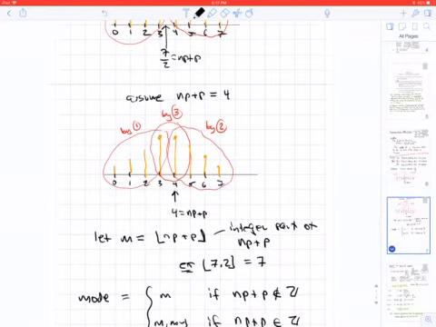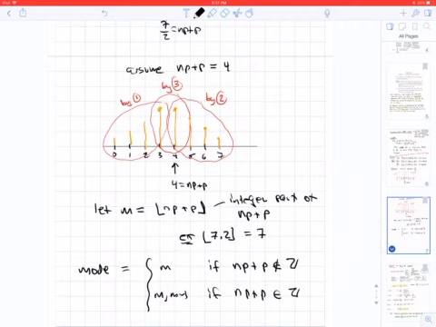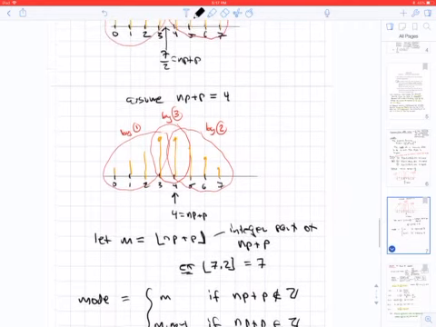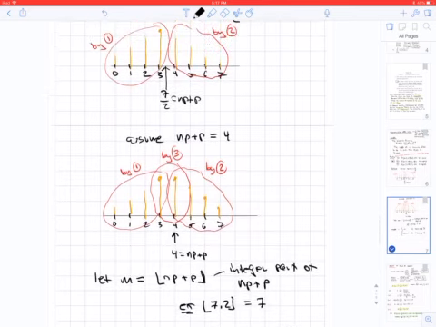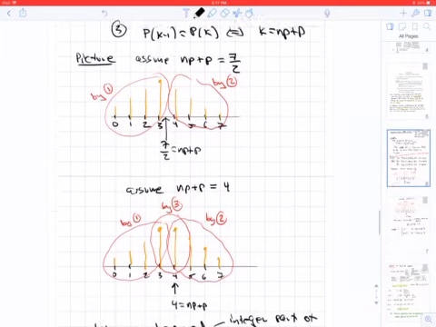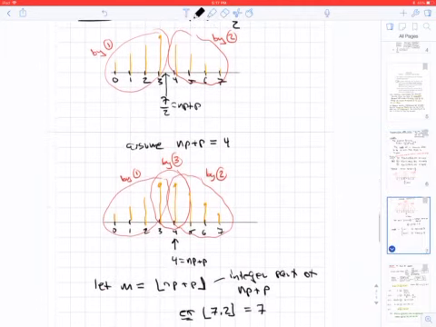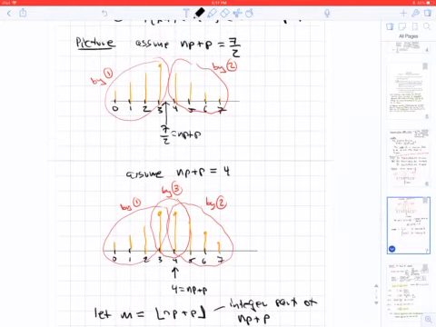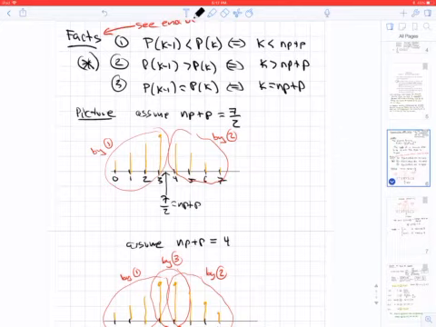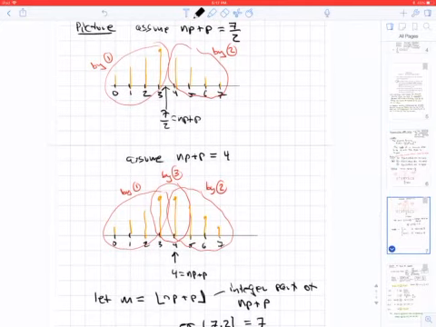Now, if np plus p is 4, for example, then we're increasing up to 3, and that's by 1. Then by 3, we see that p of 3 and p of 4 are the same. So that's what this is by 3. And then after 4, we're decreasing, and that's by 2. So there you go.